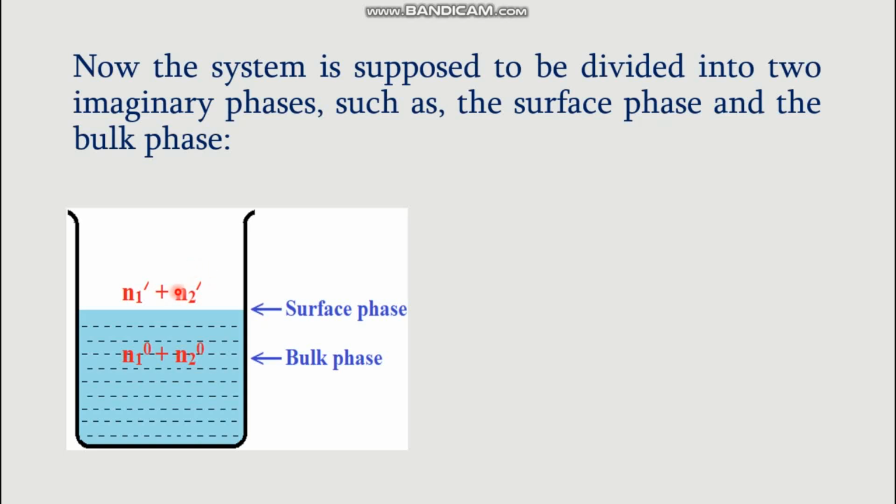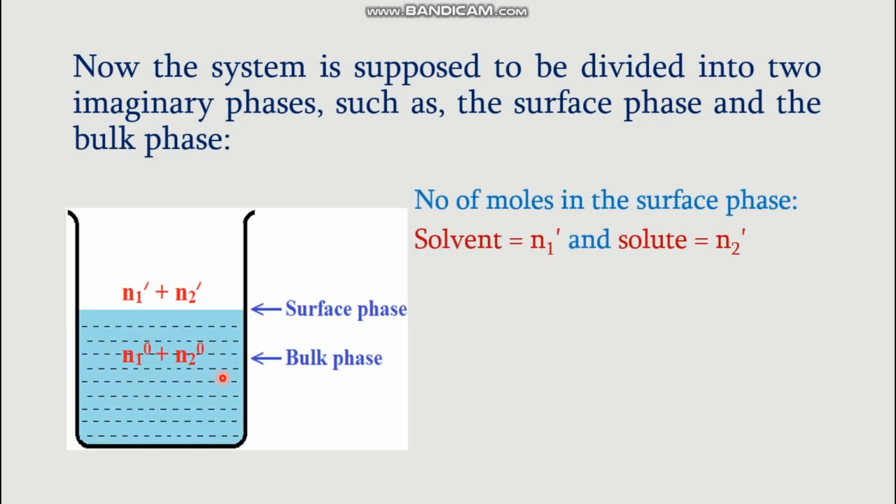So what is the overall number of molecules in the surface? N1 prime plus N2 prime. So this is the surface phase, whereas in the bulk phase, there are N10 plus N20 number of molecules. The number of molecules will be represented by the unit mole.